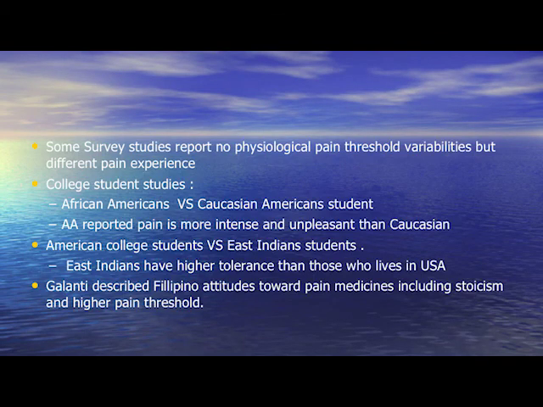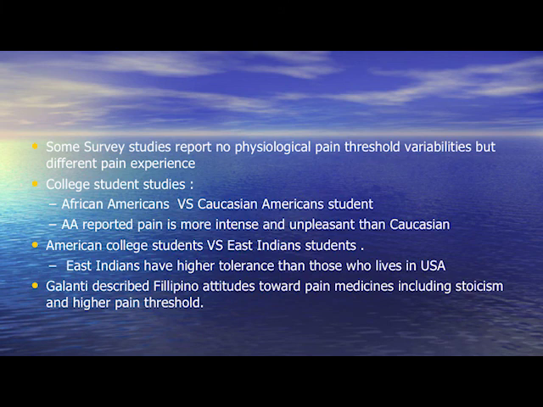In the survey, it shows that all the cultures have almost the same threshold of pain. They feel the pain at the same threshold. Only the response to pain is different. So when you do the test for the pain, yes, I feel pain now. But one screams, the other one is okay.